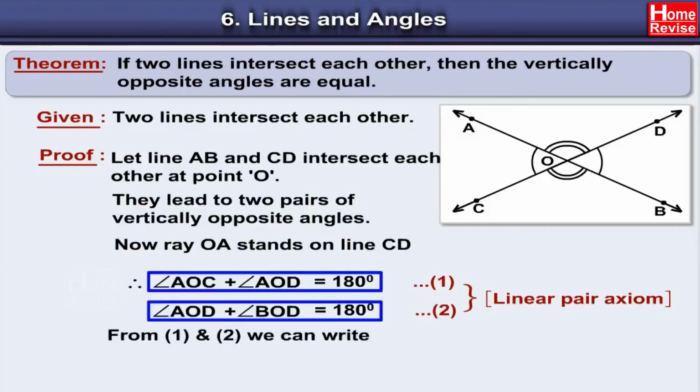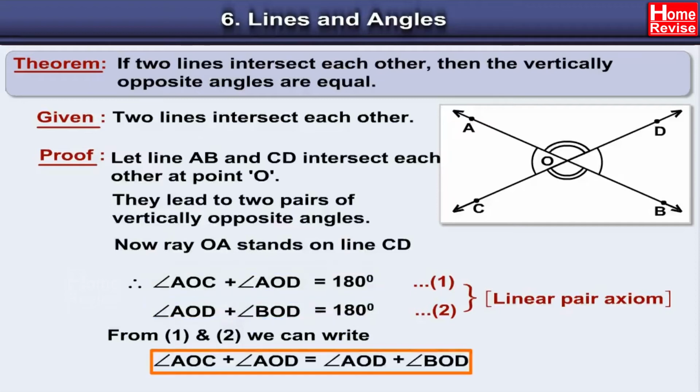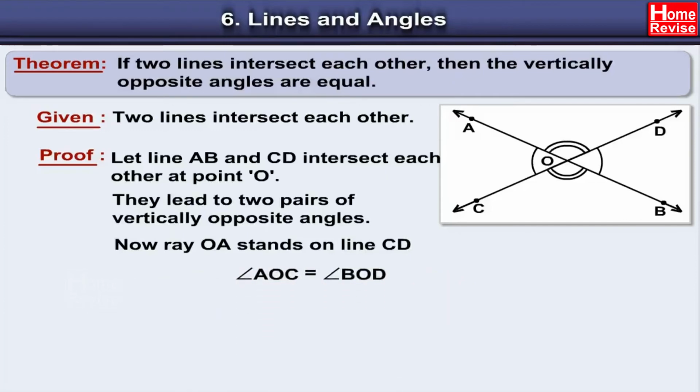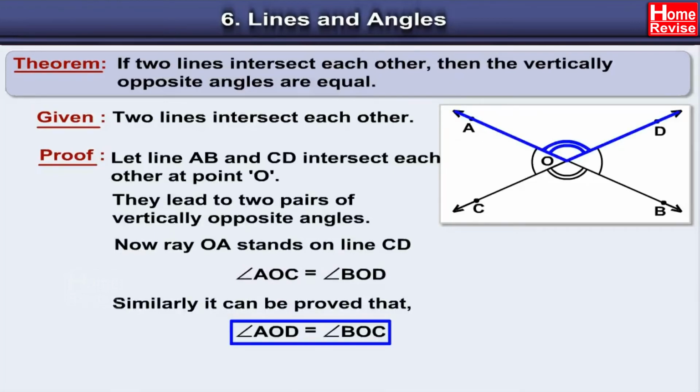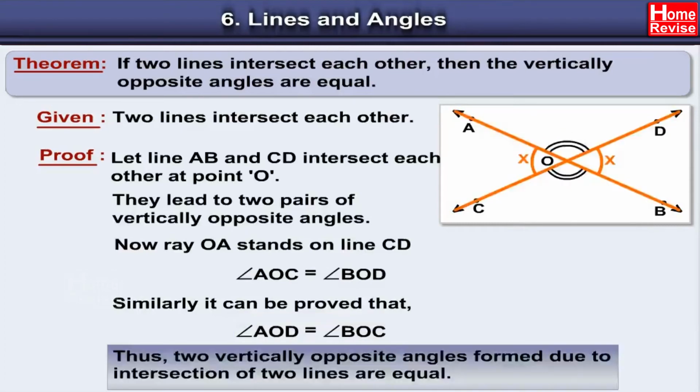From 1 and 2, we can write angle AOC plus angle AOD is equal to angle AOD plus angle BOD. Therefore, angle AOC is equal to angle BOD. Similarly, it can be proved that angle AOD is equal to angle BOC. Thus, two vertically opposite angles formed due to intersection of two lines are equal.